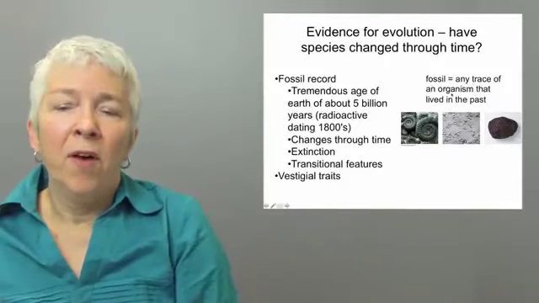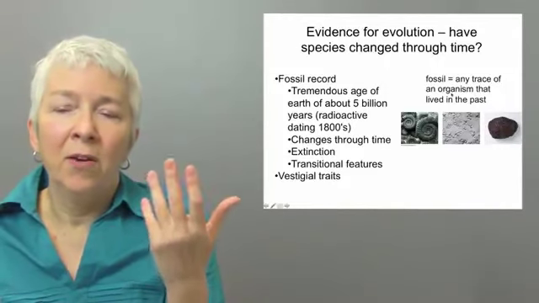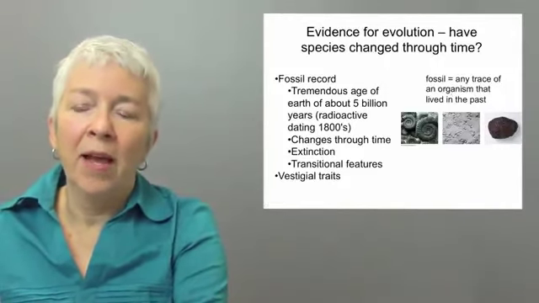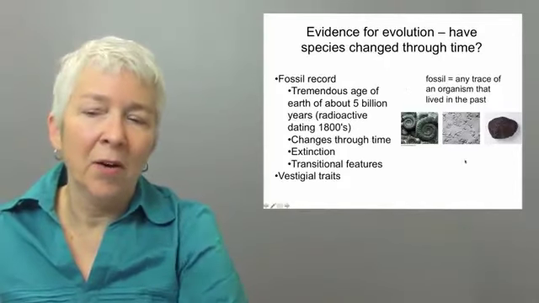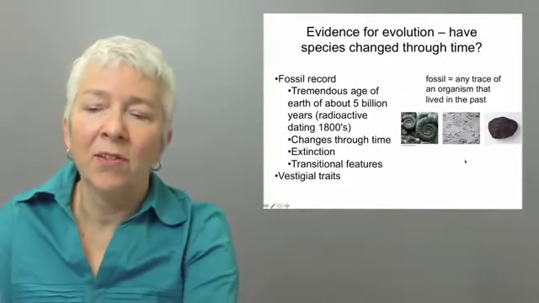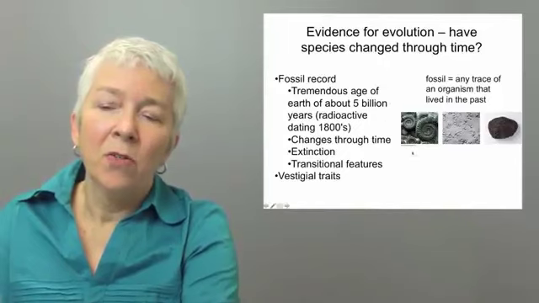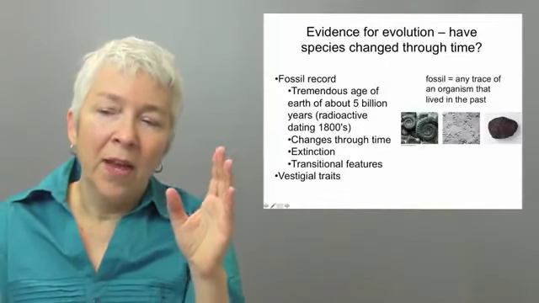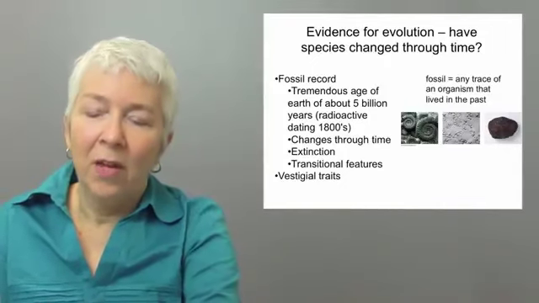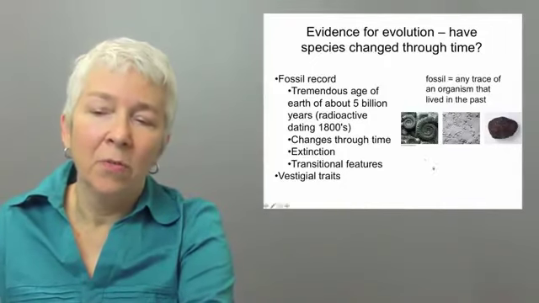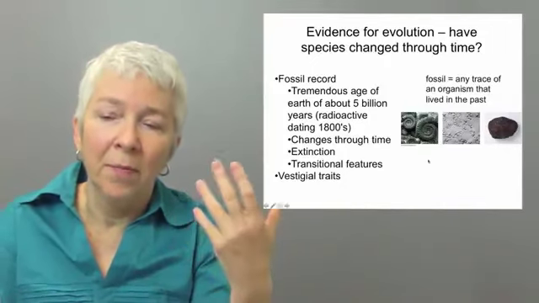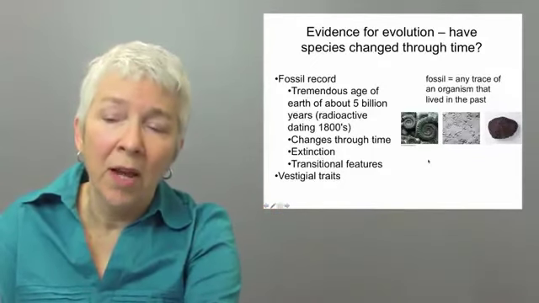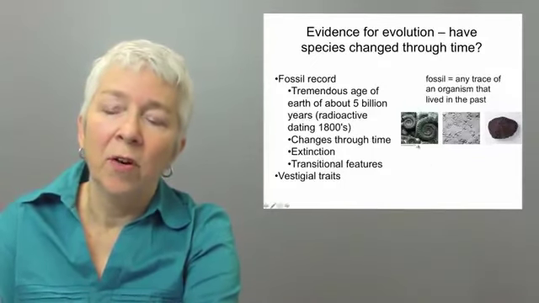By the way, a fossil just simply refers to any kind of trace of an organism that lived in the past. So here are some examples in this diagram in front of you right now of different kinds of fossils. Some fossils look more like the organism that had been living in the past and was subsequently mineralized, such as shown here in the figure on the left.